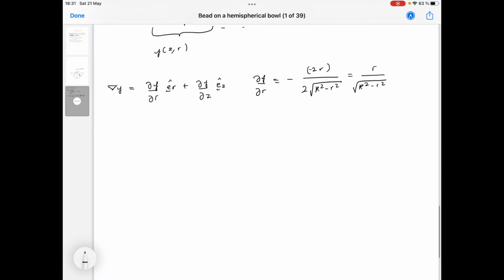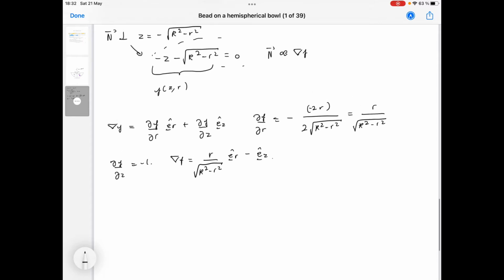And df by dz is just minus 1. So grad f is r over the square root of R squared minus r squared pointing in the r direction, minus 1 pointing in the e_z direction.